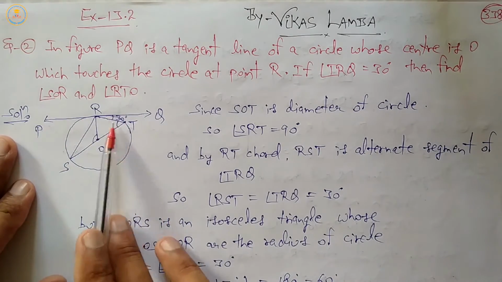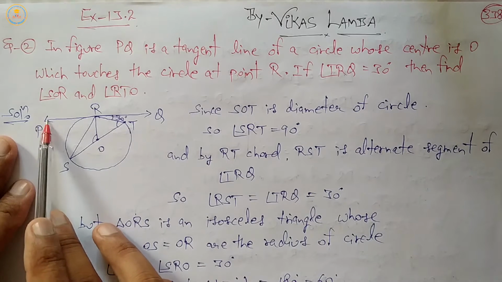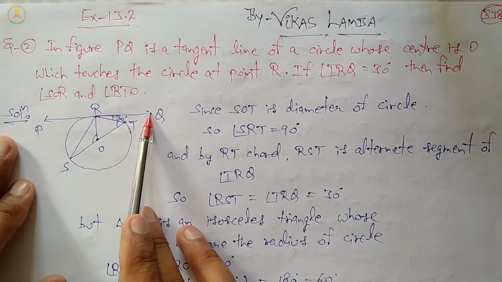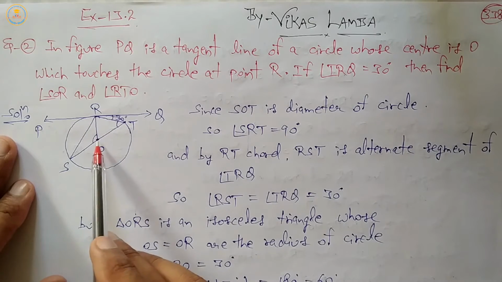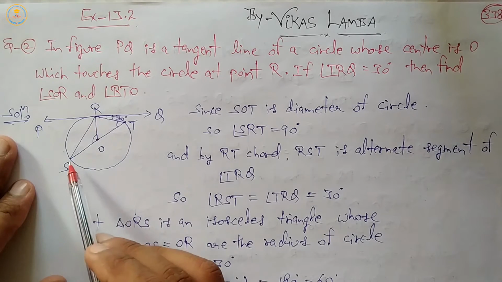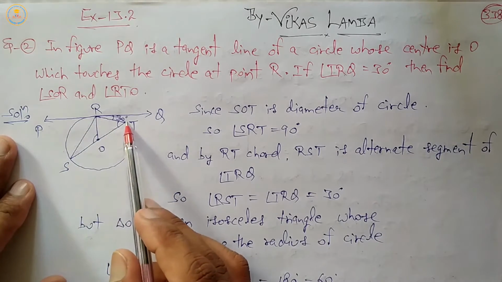This figure is given. PRQ is the tangent line, R is the tangent point, the contact point, and OR is a radius. SOT is a diameter.